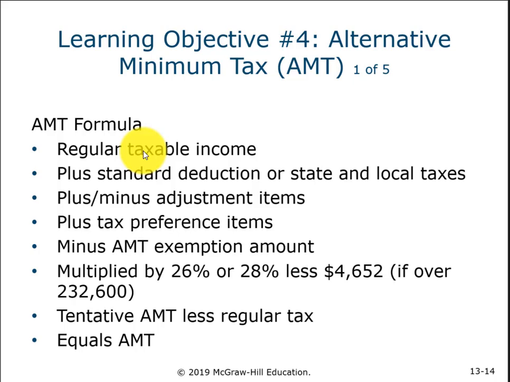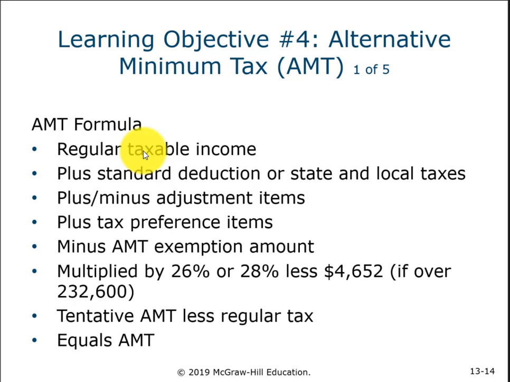That gives you the tentative AMT. Then that tax amount you compare to your regular tax amount. So you've already done your 1040, you've already calculated your regular tax liability. If the AMT is higher than your regular tax liability, then the difference is your extra AMT tax.